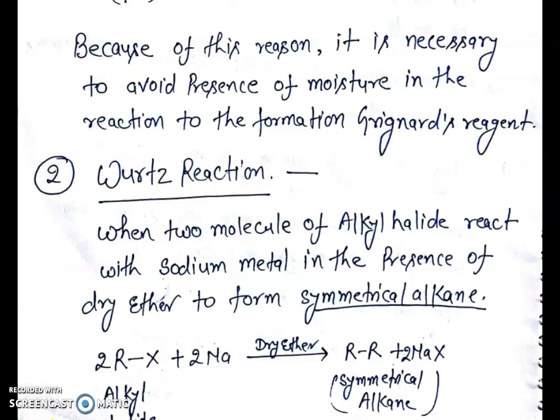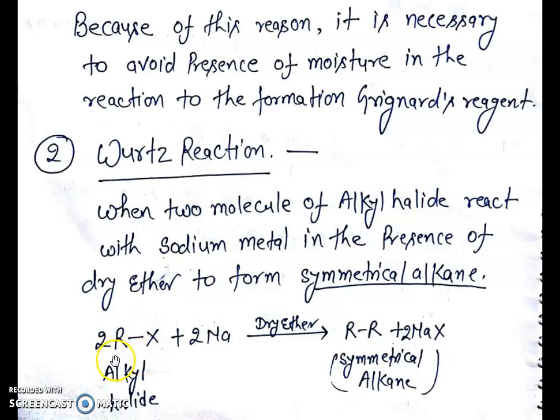Second, Wurtz reaction. When two molecules of alkyl halide react with sodium metal in the presence of dry ether, they form a symmetrical alkane. The general reaction is given below.